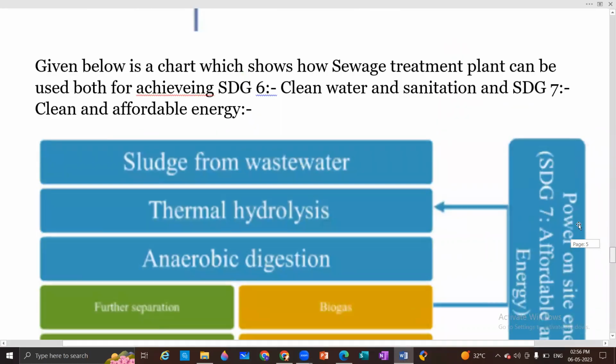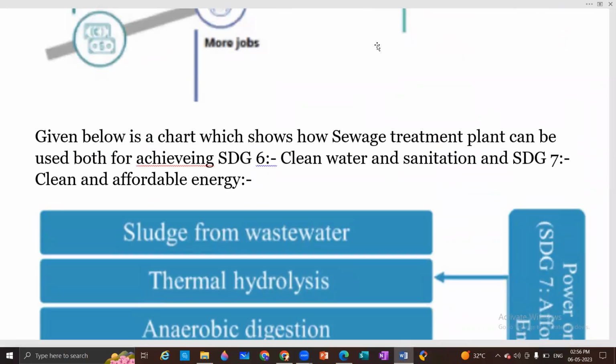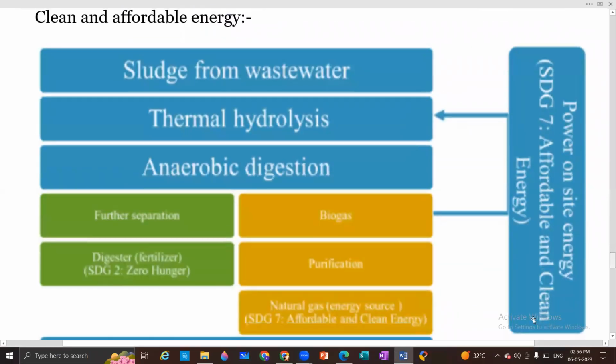So this is just a chart showing how sewage treatment plants can be used for achieving both SDG 6, which is clean water and sanitation, and SDG 7, which is clean and affordable energy. Okay. So first, what happens is sludge from wastewater is taken and extracted.